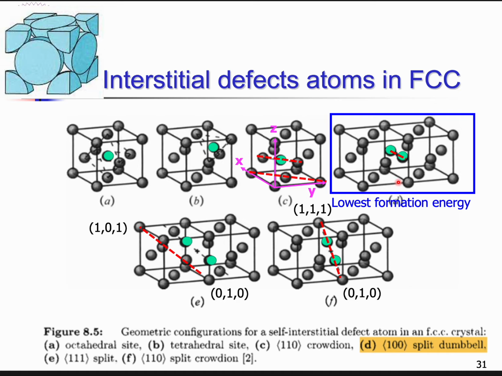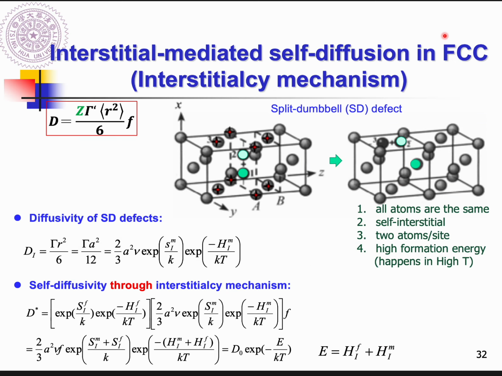In the following slide, we are going to show you examples of the interstitialcy mechanism. The diffusion happens through the interstitialcy mechanism, and the case we talk about will be the split dumbbell.